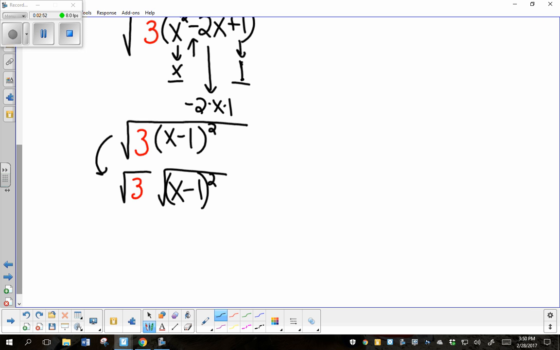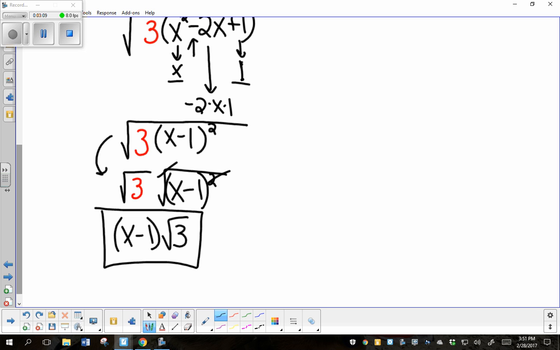The square root of 3, I can't simplify at all. It's going to stay on the inside. But a square root and a square cancel each other out, so the x minus 1 gets to come out, and then I have to multiply that by the square root of 3. You could write the square root of 3 before it if you wanted. It would actually make a little more sense that way, but either way is fine here.